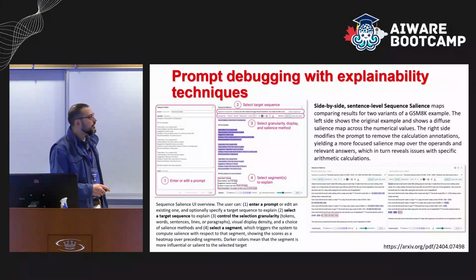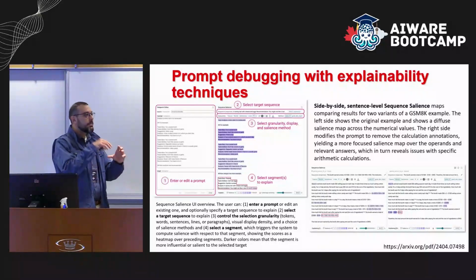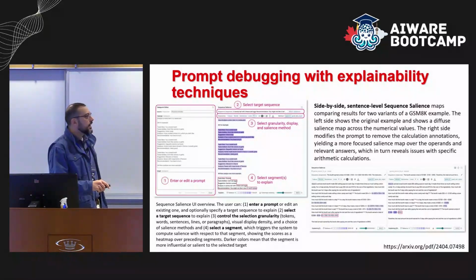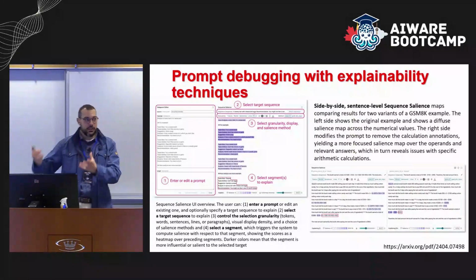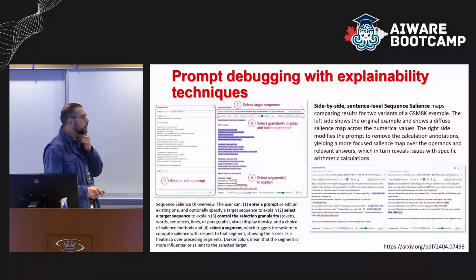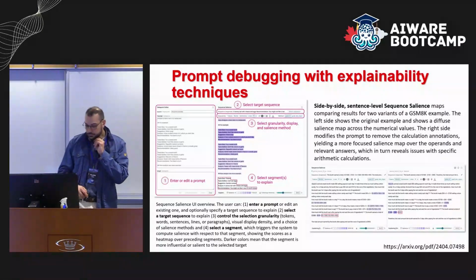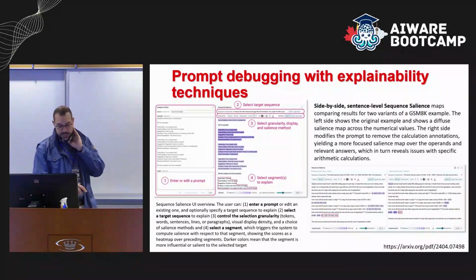So you know that this part of the prompt is getting more attention and that very likely you should pay more attention here as well when you're changing things, okay? So changing this part of the prompt will certainly cause bigger changes in the output, okay? Much more than this one, for example, okay? And you can also select some segments to explain here.